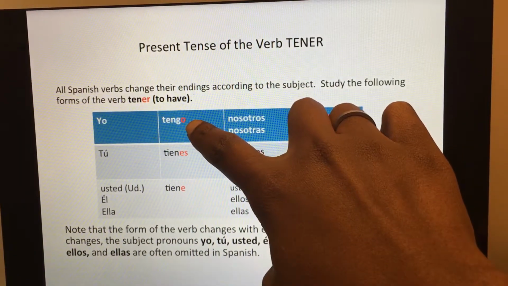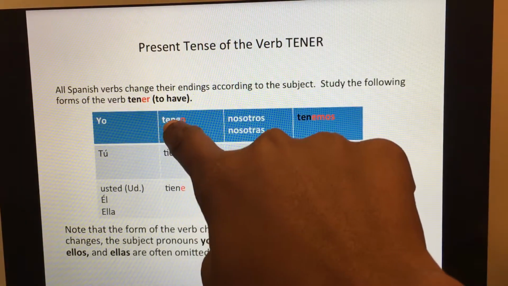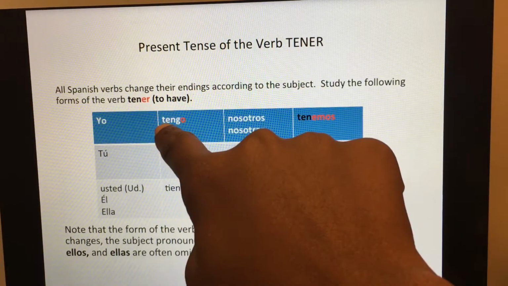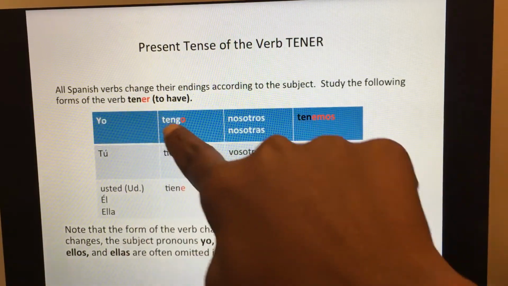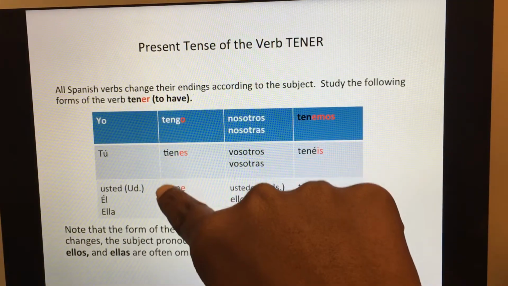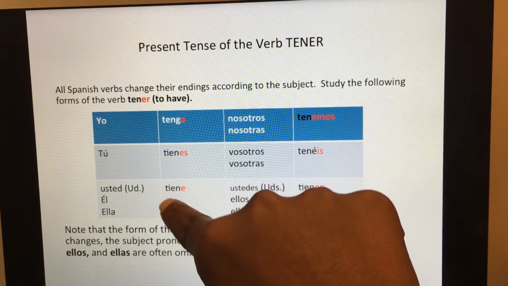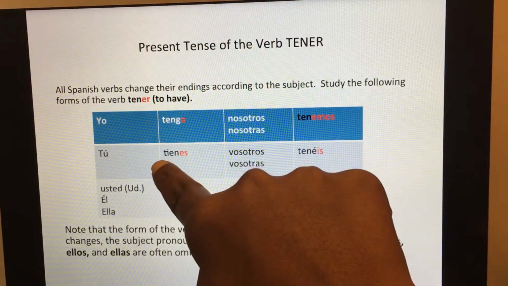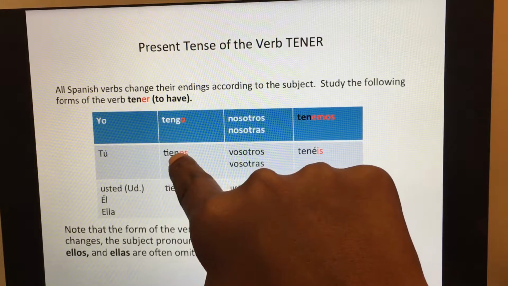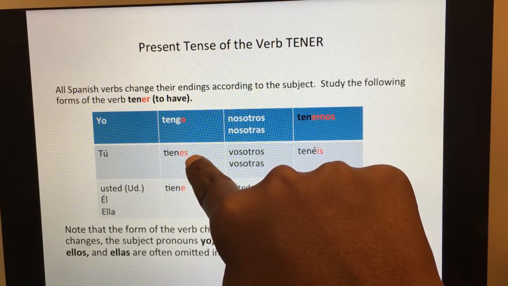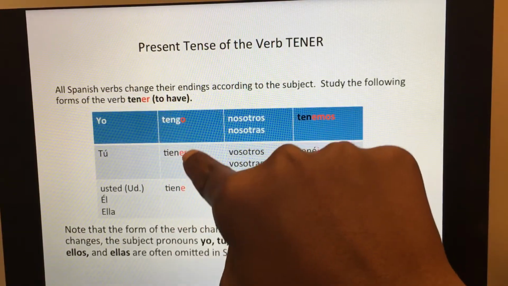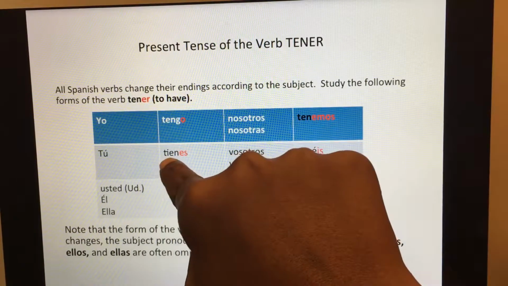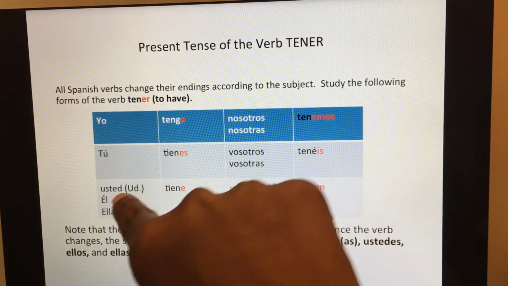Tengo, it ends in an O, but the stem is T-E-N-G for the yo form. But look at the stem as it changes here. Tú tienes, it's T-I-E-N, and then the ending is E-S. So I'm still using ER verb endings. It's just that in my stem, it's spelled differently.